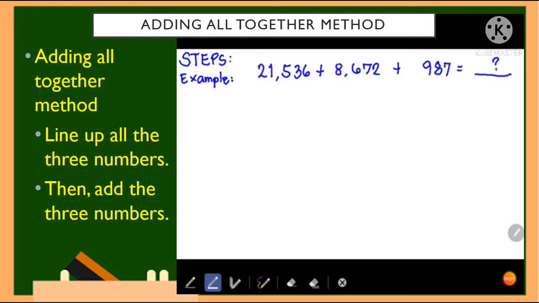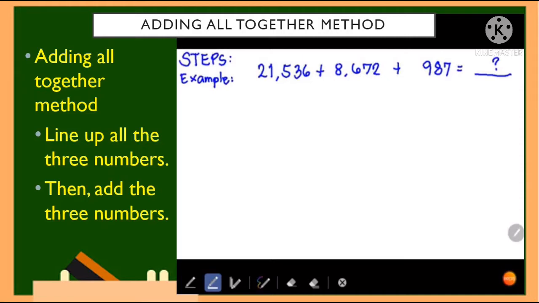Alright, so these are the steps on how to add using the adding altogether method. So our steps, I will read it here. It says here that we need to line up all the numbers first. So we will line up all the numbers. Can you read out the first number for me, please? Can you read the first number for me, please? Very good.